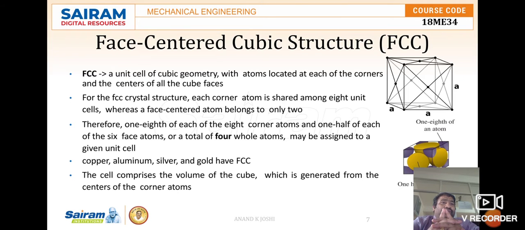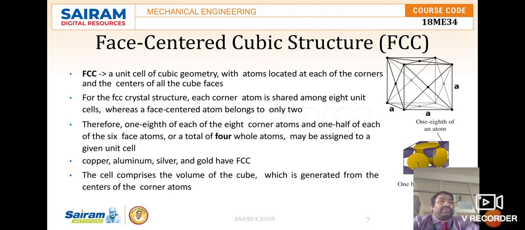For example, for the face-centered cubic, copper, aluminum, silver and gold have FCC structures. And the cell comprises the volume of the cube, which is generated from the centers of the corner atoms. So you can identify the center of the corner atoms.